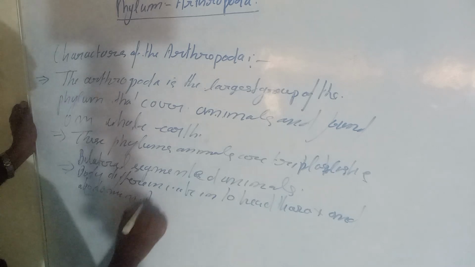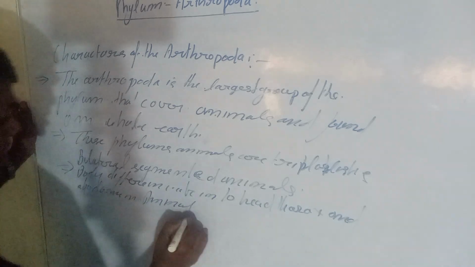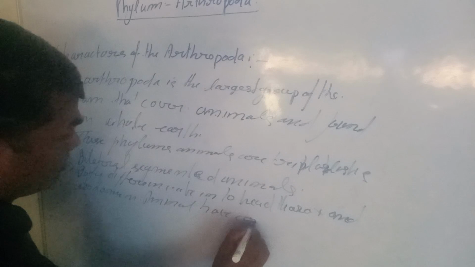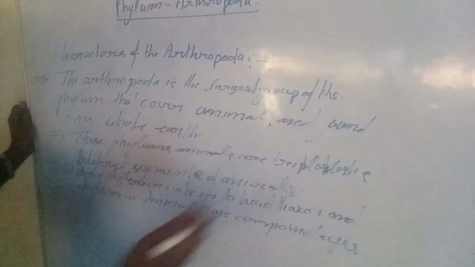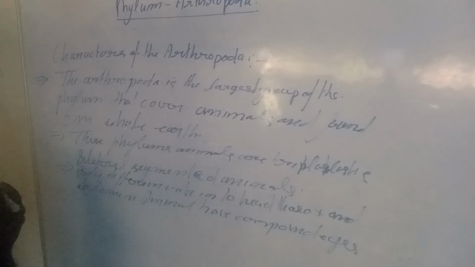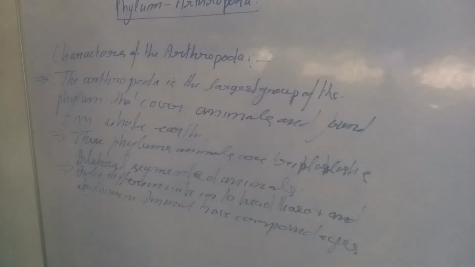The animals have compound eyes, and the body has a chitinous exoskeleton.